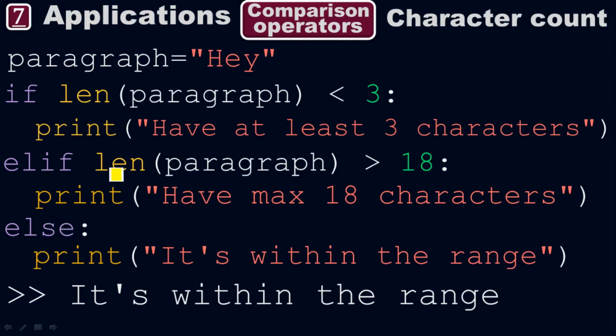Now, if the number of characters are greater than 18, then print have maximum 18 characters, which is also not true. It is not satisfied because the number of characters are less than 18, not greater than 18. They are just 3. So the second choice is also not satisfied. The program will ignore the second part as well and will jump to the last choice, which is else.